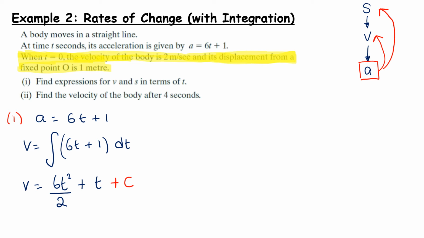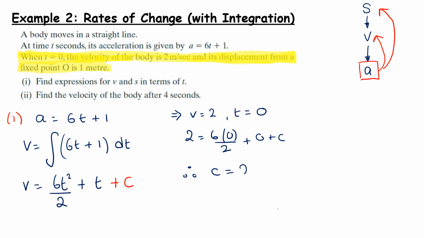It says when t is 0, the velocity is 2. So when I sub in, 2 equals 6 times 0 over 2, you can simplify that if you want, plus 0 plus c. Therefore, c equals 2.